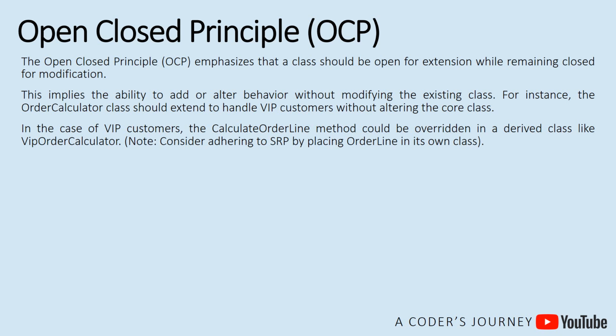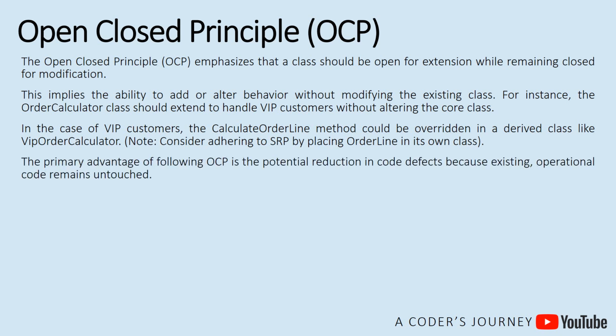So to implement new features, I am not changing the code that I already have. Rather, I am writing new code. And for example, if I want to adhere to the SRP principle, which we talked about in the last video, I'm going to place the order line class in its own code file as well.